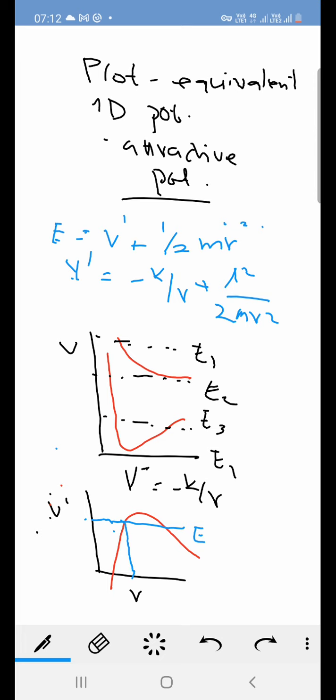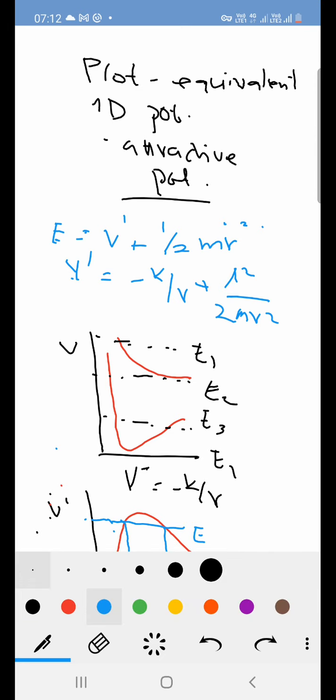R1 and R2, say there are two points, one is R1 and one is R2. So this plot is for a one-dimensional potential for an attractive inverse square.